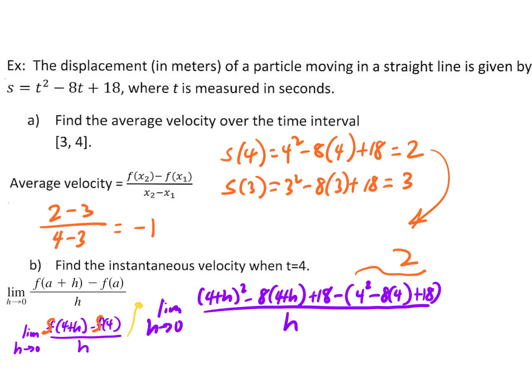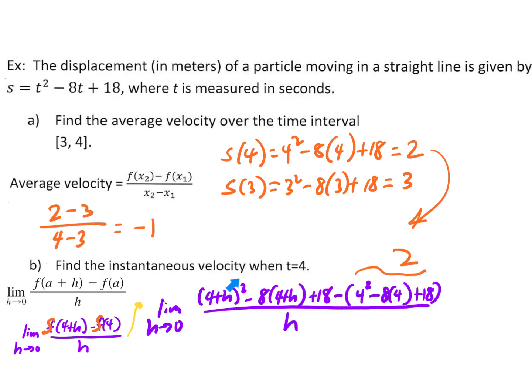Now, notice I plugged 4 plus h in everywhere there was a t. Now, we're going to have to simplify this out, and I don't have enough room over here, so I'll go to the next page for that. The one thing I want to caution you before I do that: please do not tell me this is 16 plus h squared.